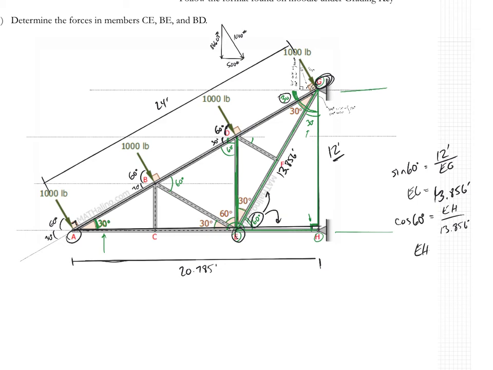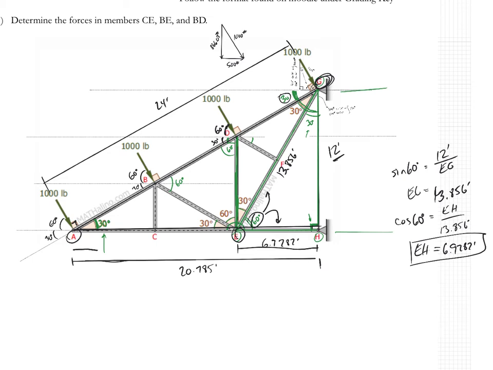So it's going to equal 6.9282 feet. Okay, so this number right here from E to H is 6.9282 feet. So we've got everything to go with that triangle.